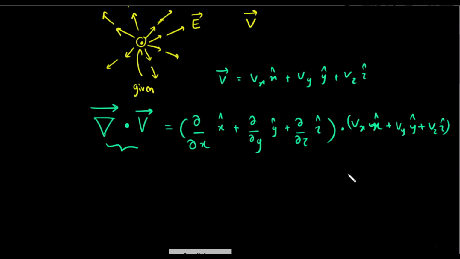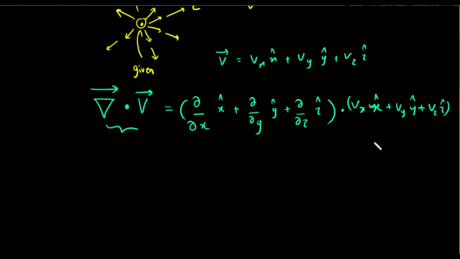Now I'm going to expand this dot product. When I expand it, I will have x-hat dot x-hat and x-hat dot y-hat terms. I only get the x-hat dot x-hat, y-hat dot y-hat and z-hat dot z-hat terms, because from the previous videos we have seen that x-hat dot x-hat equals 1 and x-hat dot y-hat equals 0.